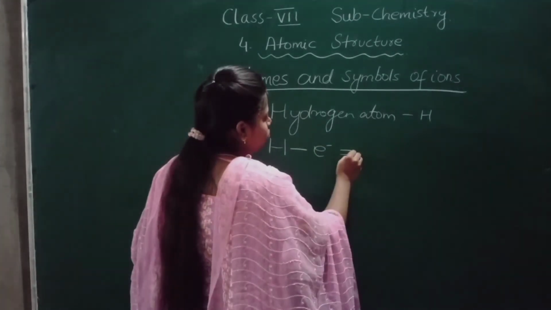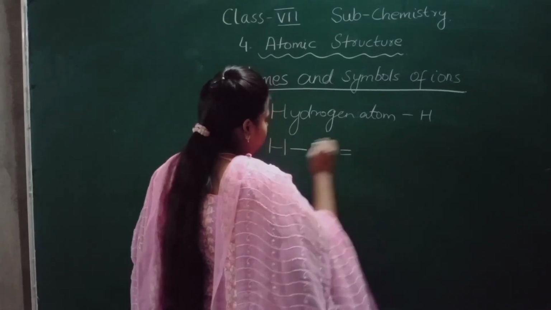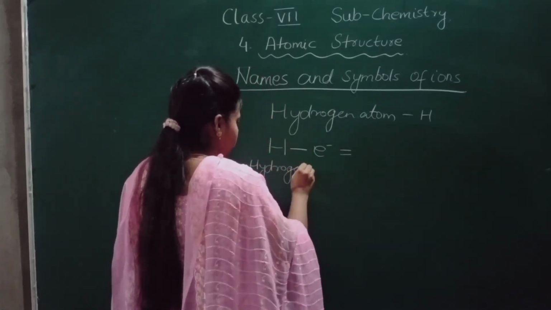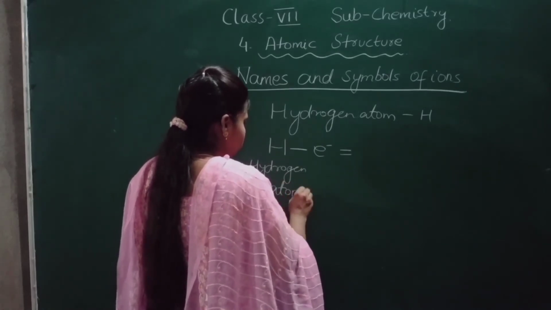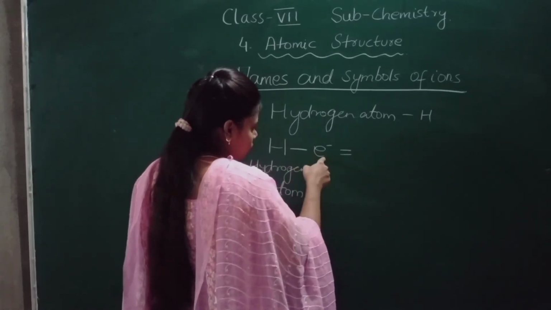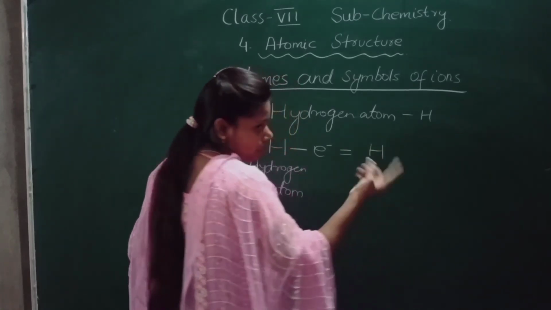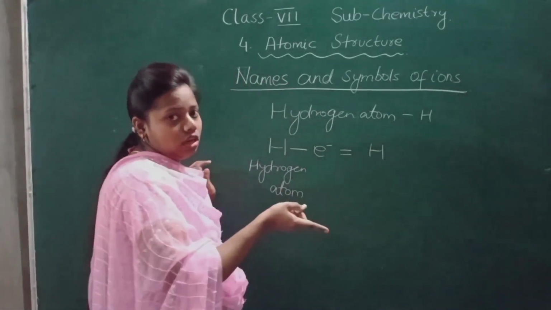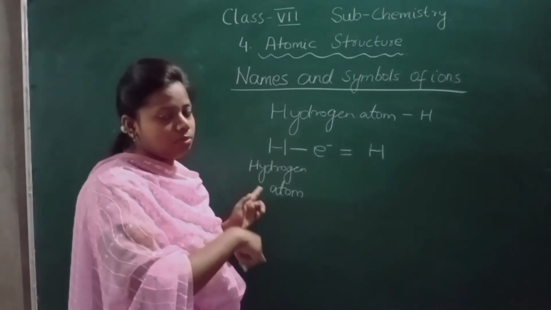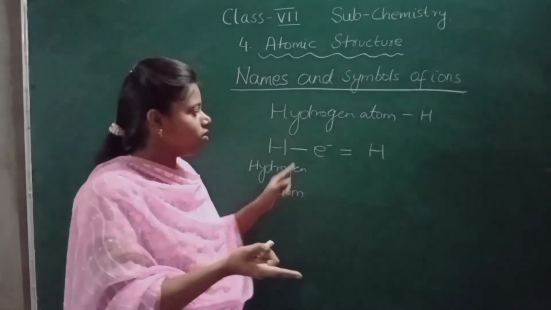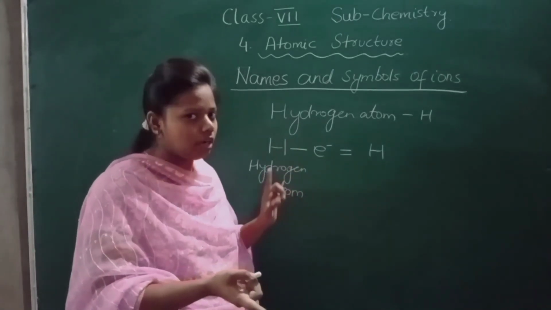So which charge will it have? This is the hydrogen atom, and it is losing 1 electron, so it will now become a hydrogen ion. When it loses the electron, it is no more an atom, it has become a charged particle, an ion. Which charge will it have? It has lost 1 electron, so we will not write 1.